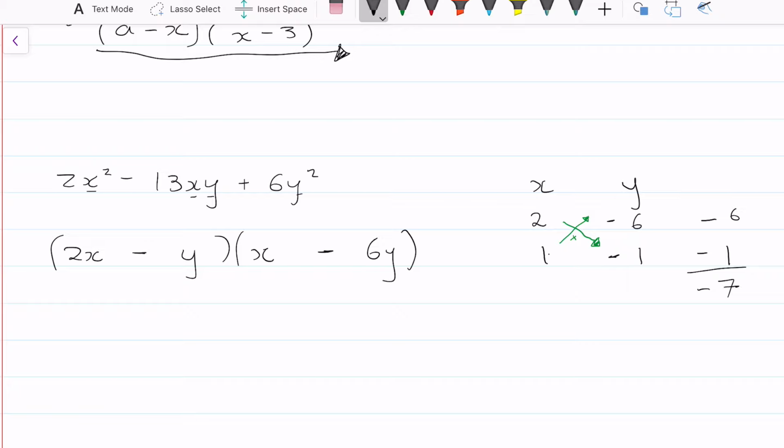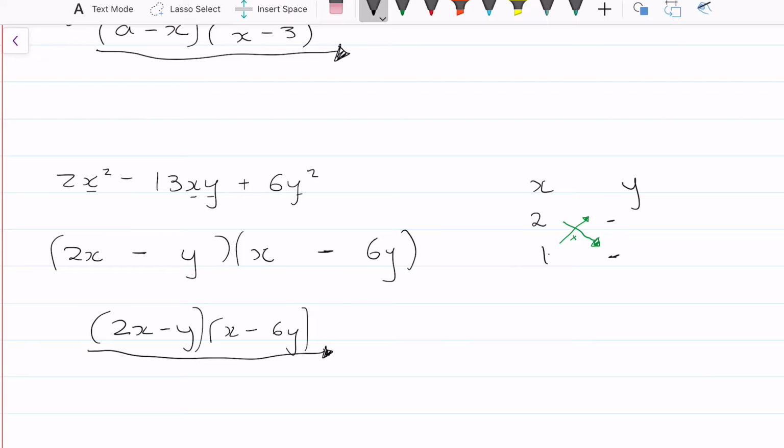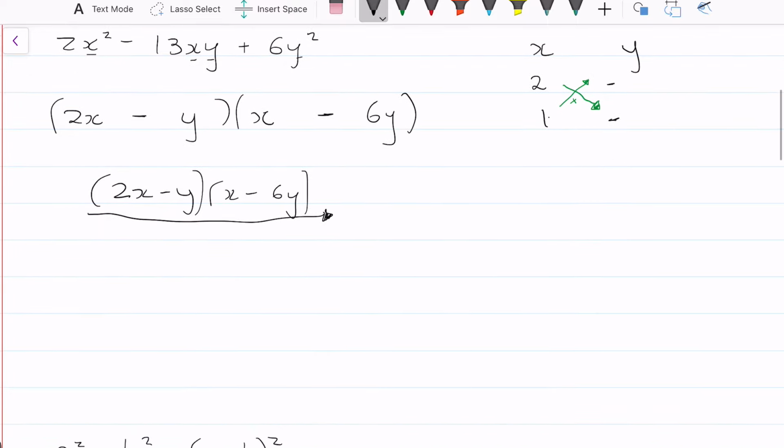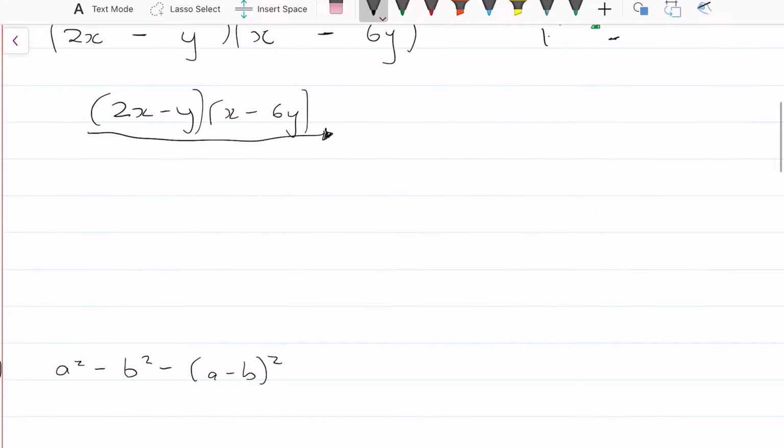So we know that's not the order they go in. Then if we tried 3 and 2, we'd also see that that doesn't work. So we know we've got the right combination. It's this one here. The final answer is (2x minus y) times (x minus 6y). And if you multiply that out, which I suggest you do, you'll see that you actually get the right answer.